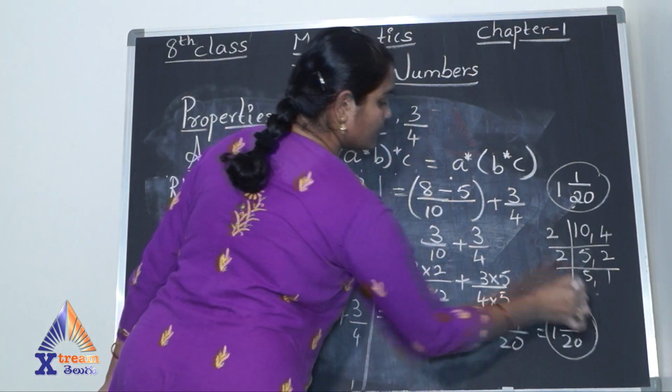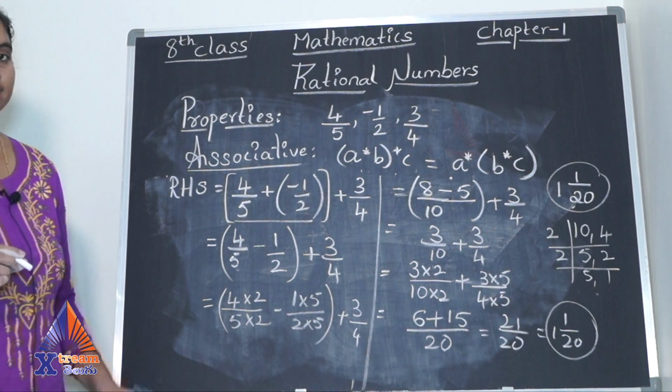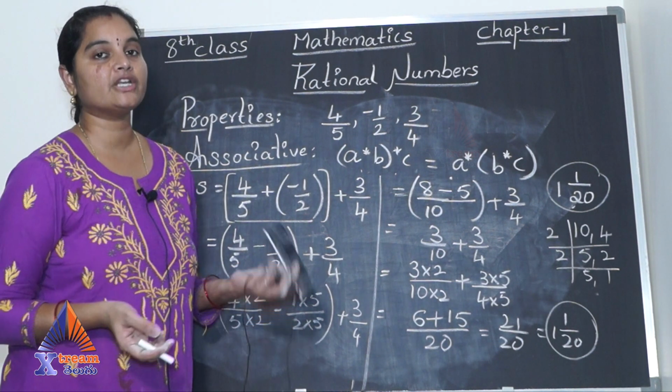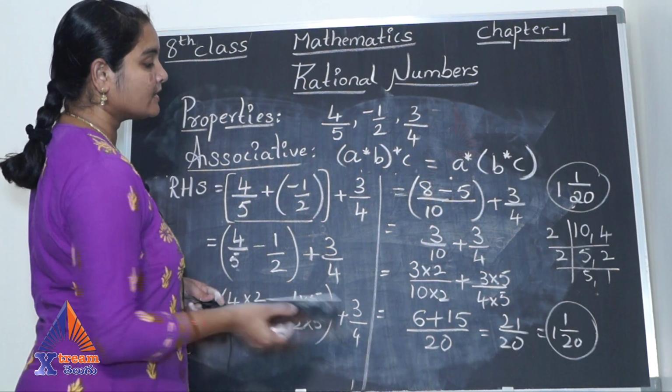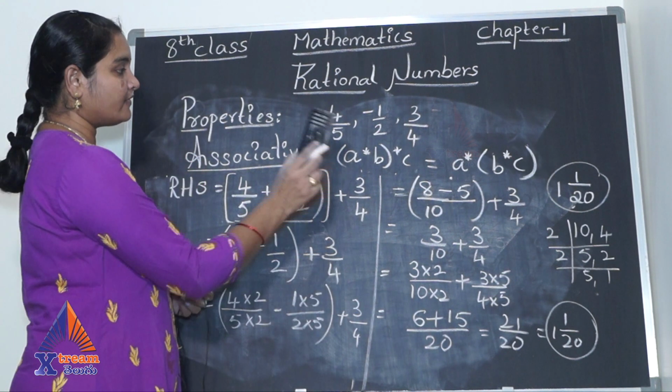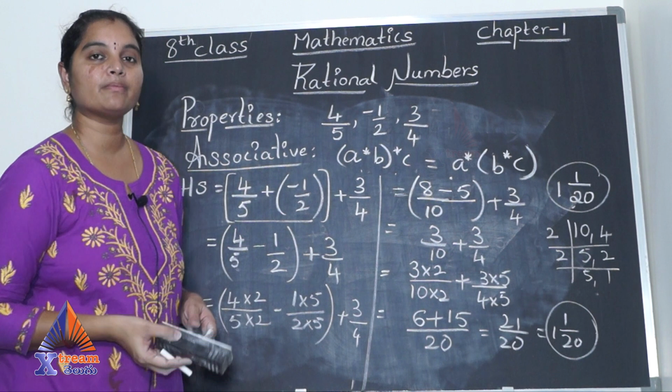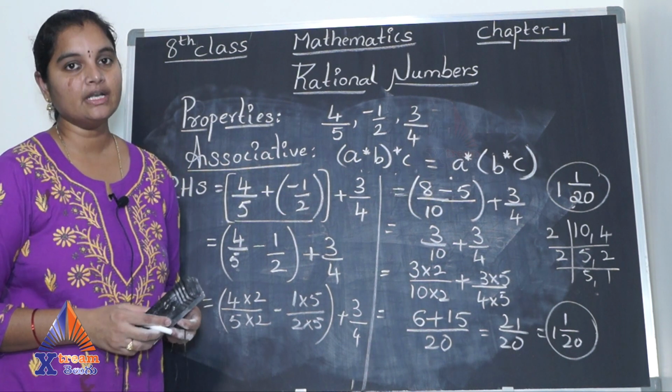So you can see both LHS and RHS are the same while doing the addition of rational numbers. So we can say that the associative property under addition is true for rational numbers.